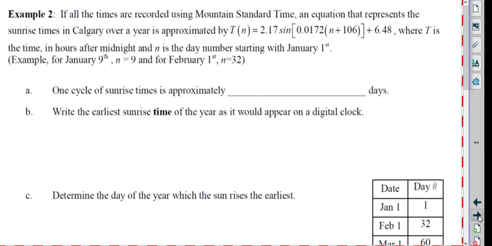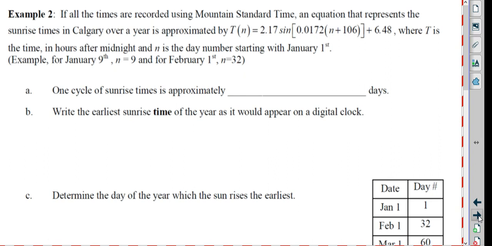If all times are recorded using Mountain Standard Time, an equation that represents the sunrise times in Calgary over a year is approximated by T of n equals 2.17 sine of 0.0172 times the bracket n plus 106, plus 6.48, where T is the time in hours after midnight and n is the day number starting with January 1st.